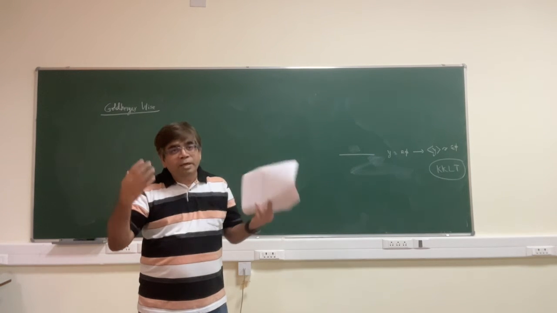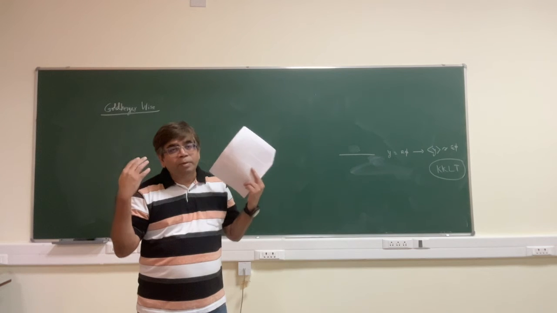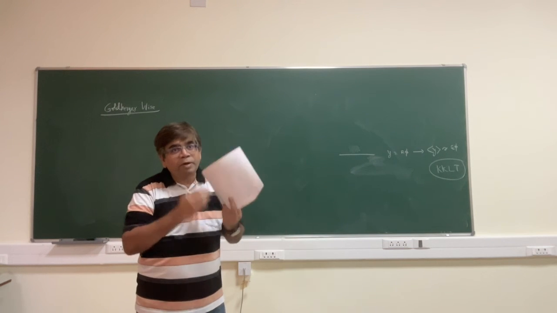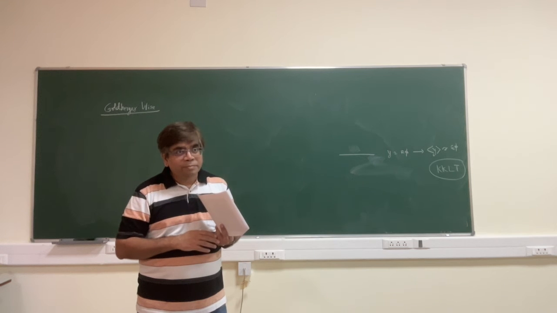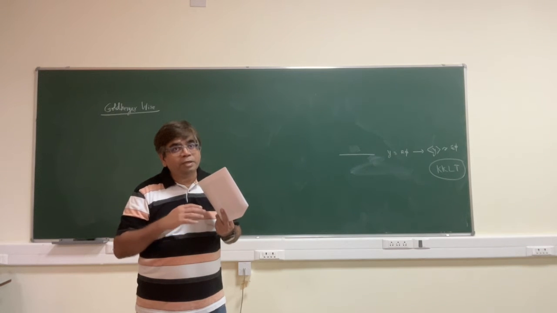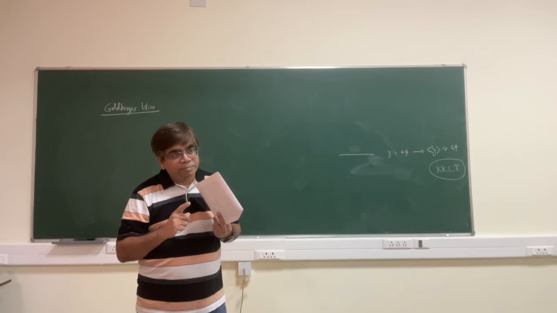So the earlier idea was that if you somehow fix all these moduli, you will get only one vacuum in which the model lives. So people were looking at what is the one possible vacuum.